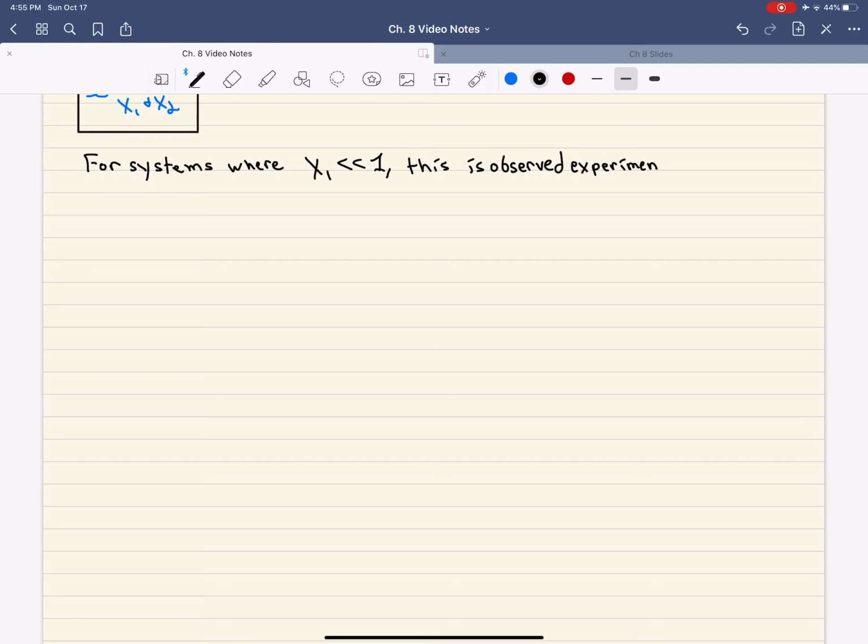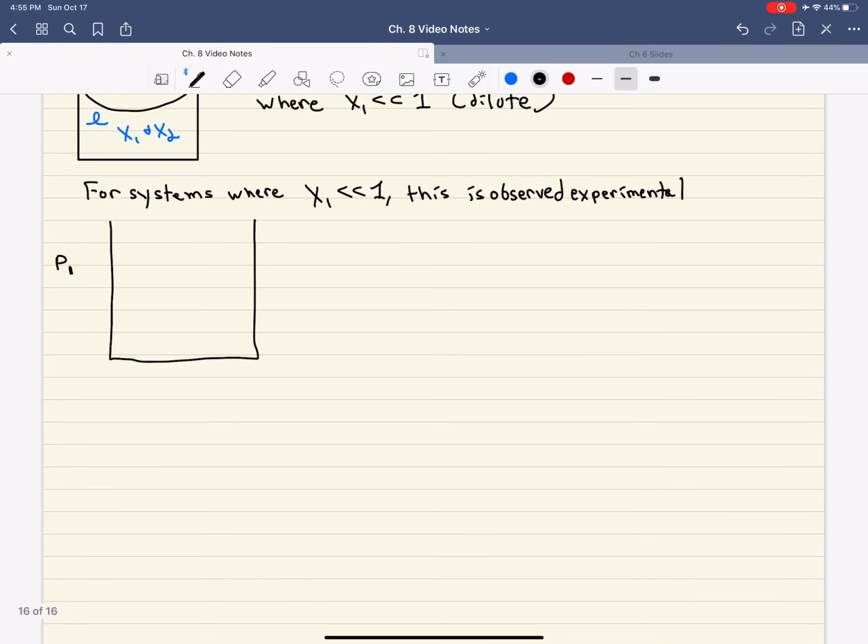Okay. So if you could somehow measure the partial pressure of species 1 in the vapor phase, this is what you would see. Let the x-axis be x1 and the y-axis be p1. You would expect to see a curve like this.